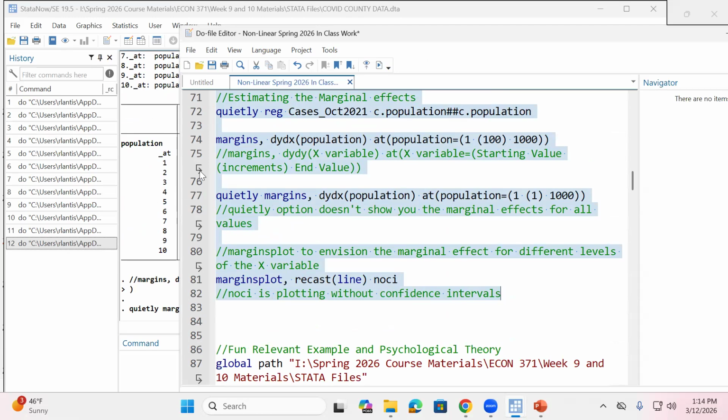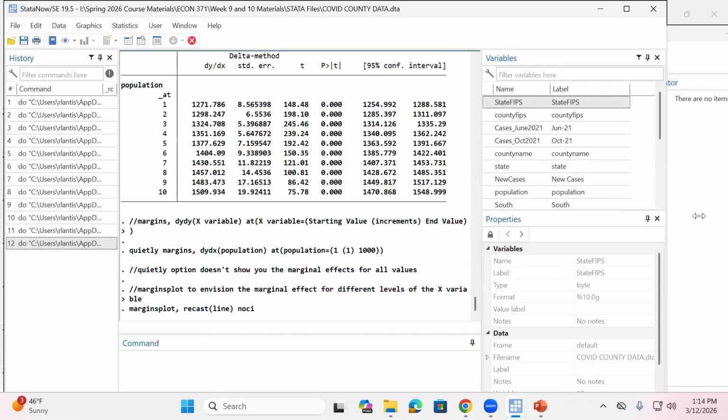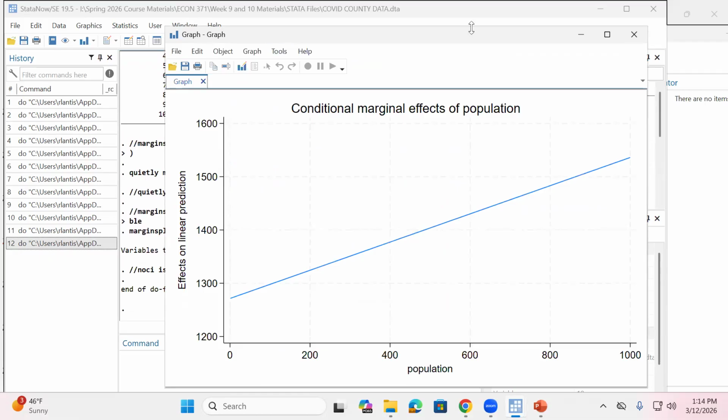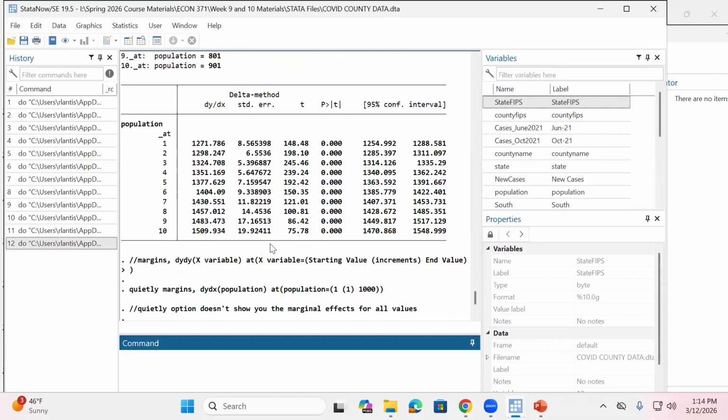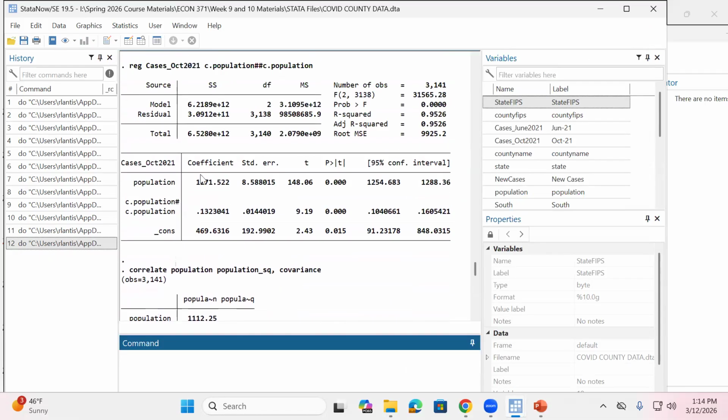This gave me my marginal effect for different population values. Well, here, for this different regression, I've got that coefficient on my linear term, coefficient on my squared term. Now, this is a weird one where if they're both positive, it's increasing at an increasing rate. Will I ever have a turning point?